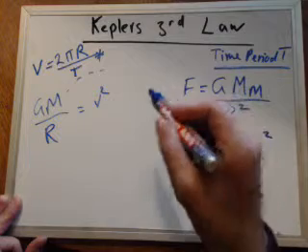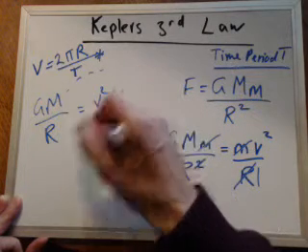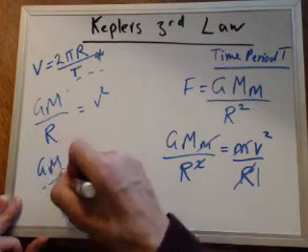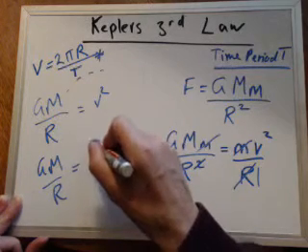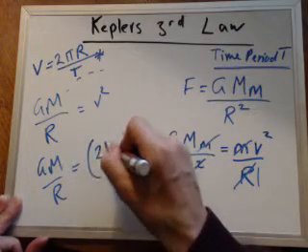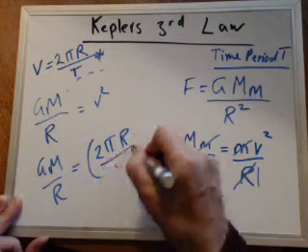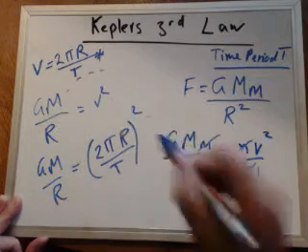Substitute v into there, so that becomes GM over r equals 2 pi r all over the time period squared.